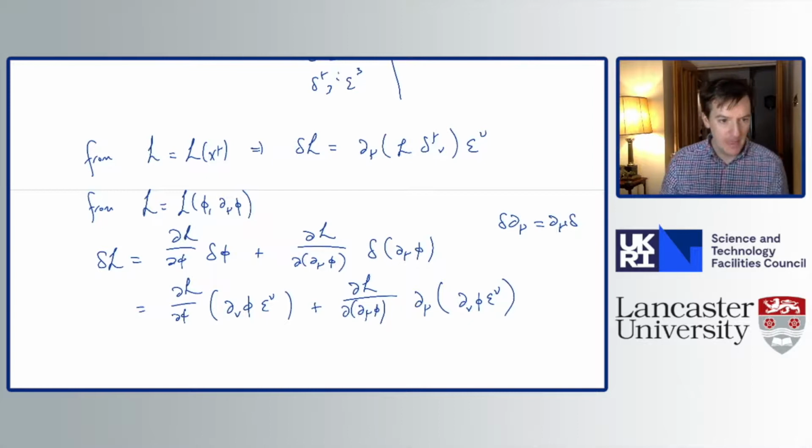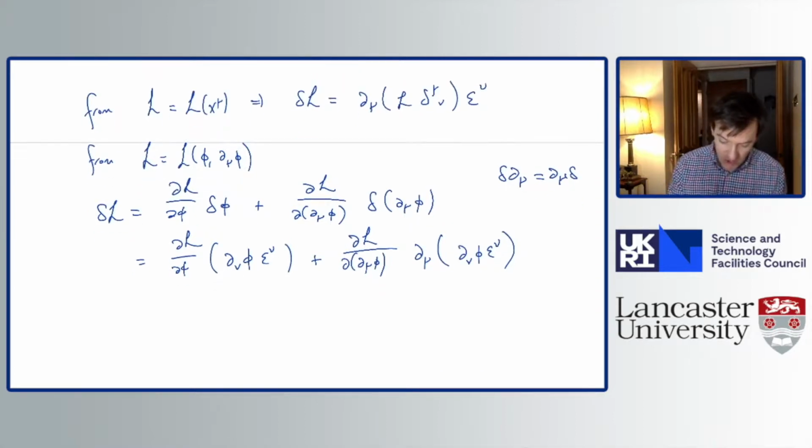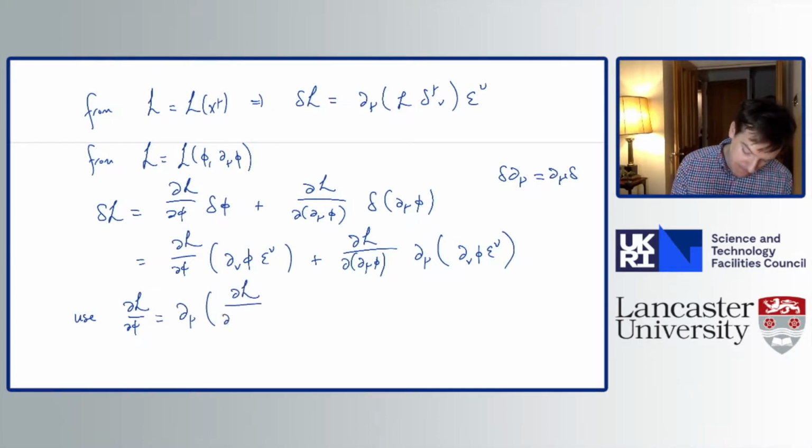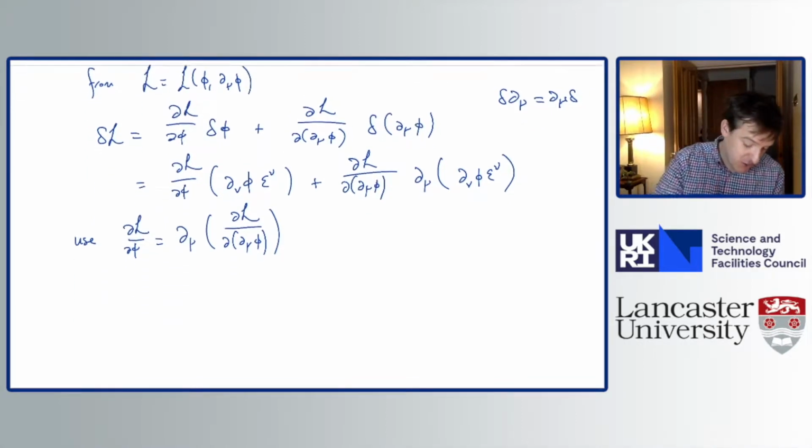Okay, good. Now, there's a trick we can use, which is we can use our Euler-Lagrange equation to substitute for the dL d phi. So let's use the fact that dL d phi, with my Euler-Lagrange equation, is the following. And substitute that into my expression.